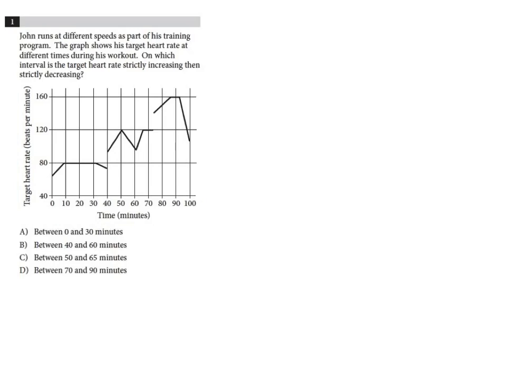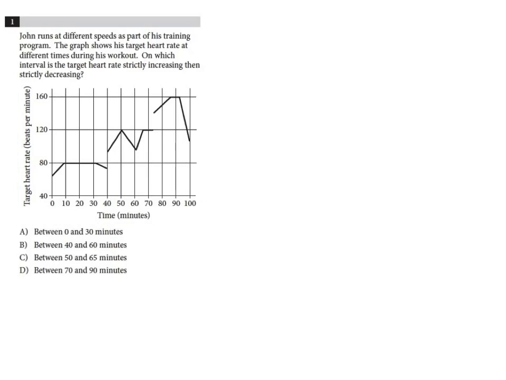This problem is asking for, it says this is a graph of John's speeds in his running program. The graph shows his target heart rate at different times during his workout. Which interval is the target heart rate strictly increasing then strictly decreasing?